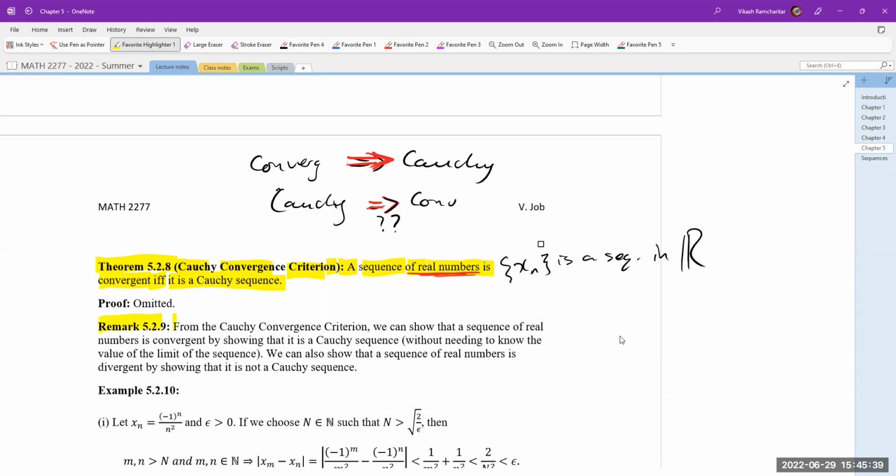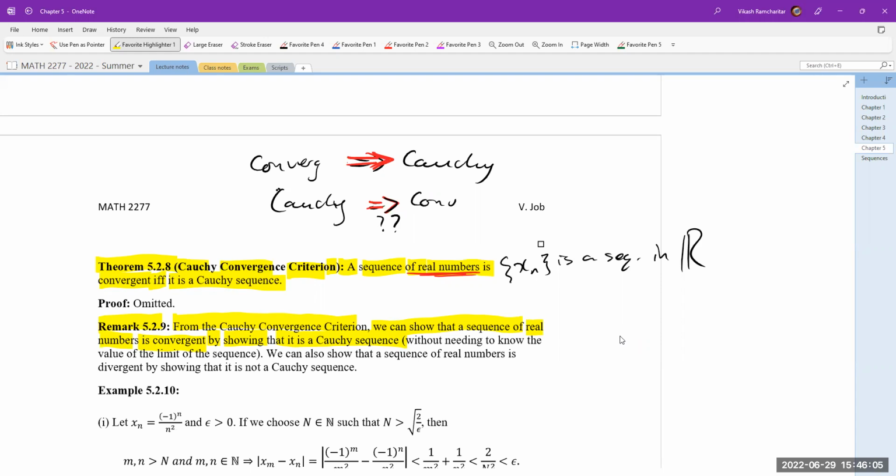And this remark is saying that from the Cauchy convergence criterion, we can show that a sequence of real numbers is convergent by simply showing that it is a Cauchy sequence. So this convergence criterion gives us another way of answering whether or not our sequence converges.